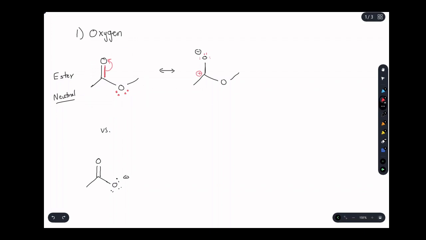Now, going from this resonance form, we could have done this directly, but we'll start from here. Let's try moving these lone pairs on the oxygen. Right, now that we have a positive charge adjacent to those lone pairs, we're going to be able to move that lone pair between the oxygen and the carbon, making a bond between those atoms.